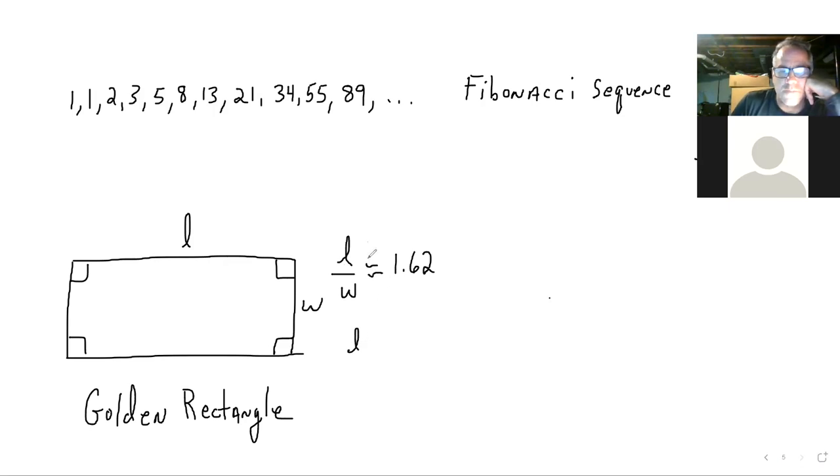Now, that's approximate. There is an exact value. It's exactly golden when it is 1 plus the square root of 5 in the numerator, all divided by 2, which if you punch that in your calculator, I'm actually getting my phone out now.